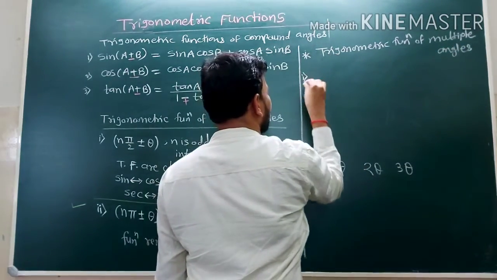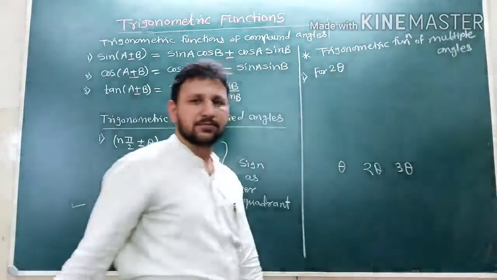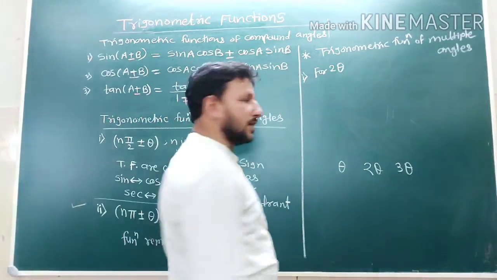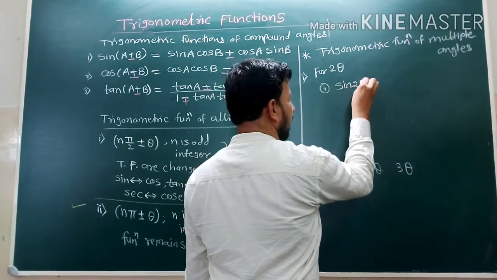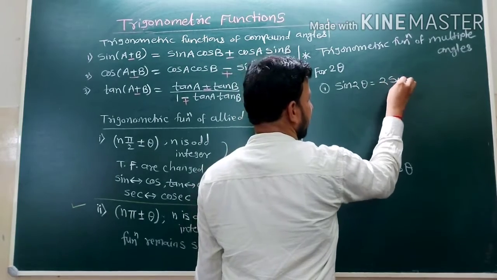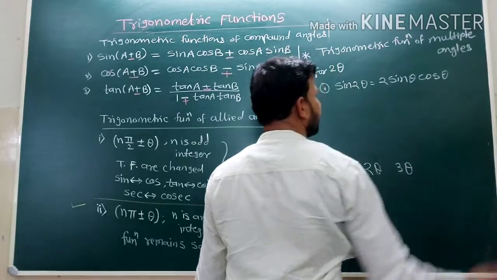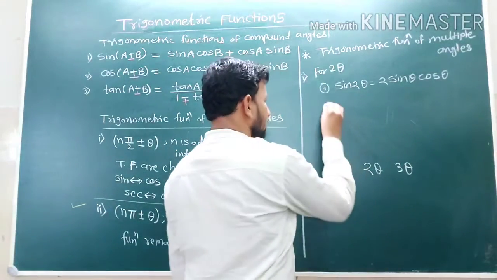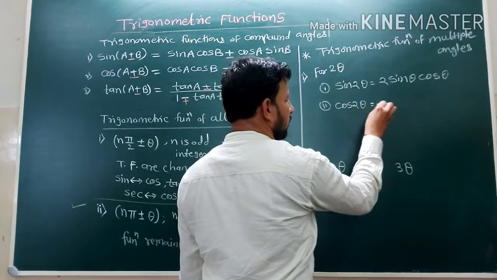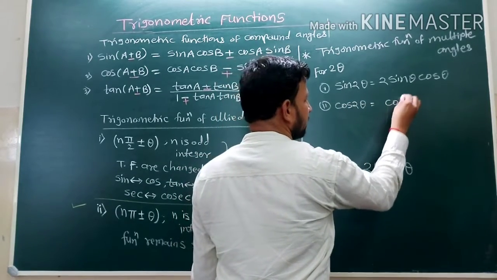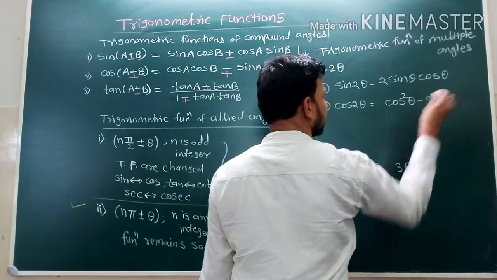First we take the multiple angle 2 theta. For angle 2 theta, the first formula: sine of 2 theta is expressed as 2 times sine theta into cos theta. Second formula: cos of 2 theta is equal to cos square theta minus sin square theta.